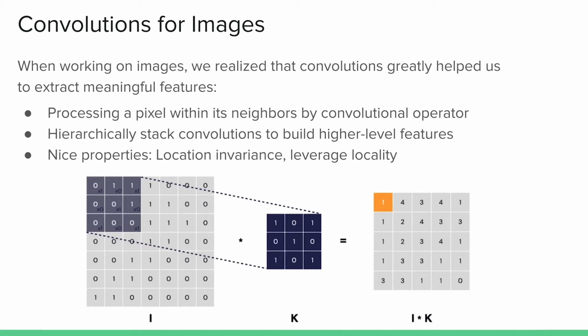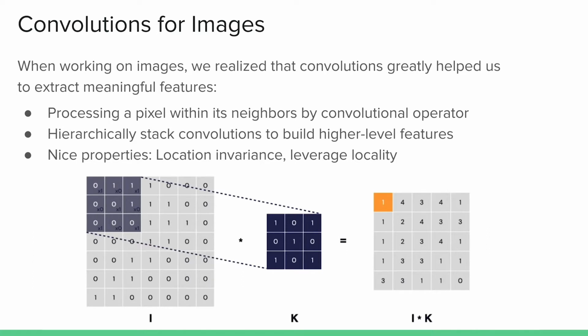So what we did back then is we came up with this idea of a convolutional operation. Instead of connecting everything in our input to everything in the next layer, we only take a look at a small patch.